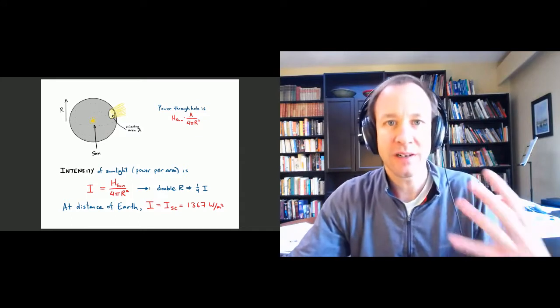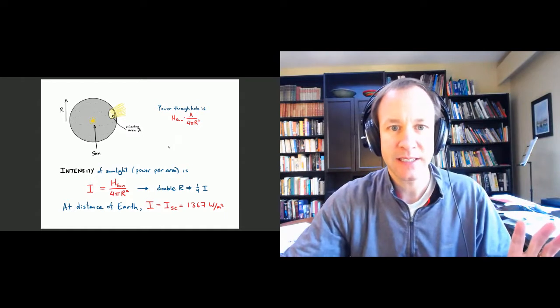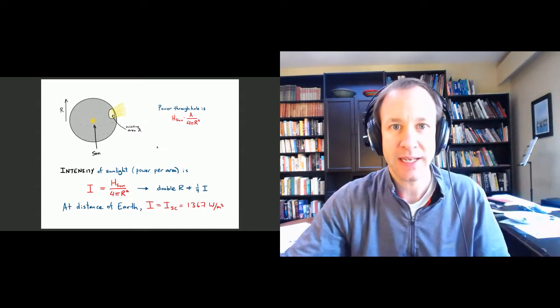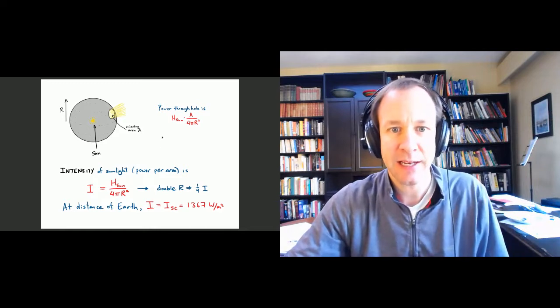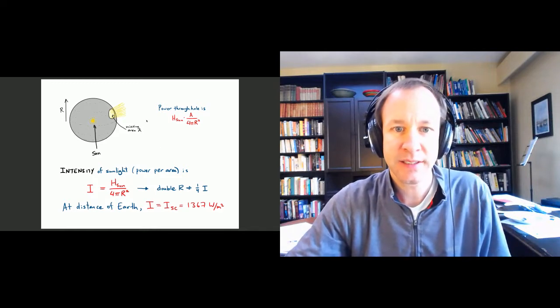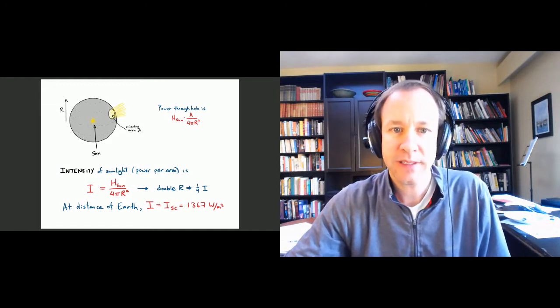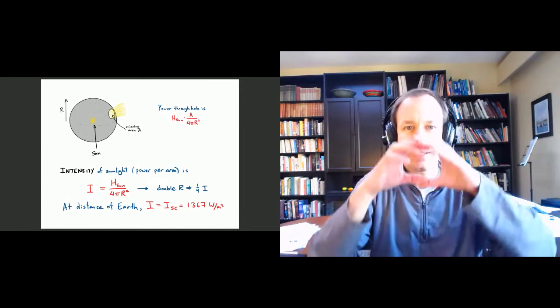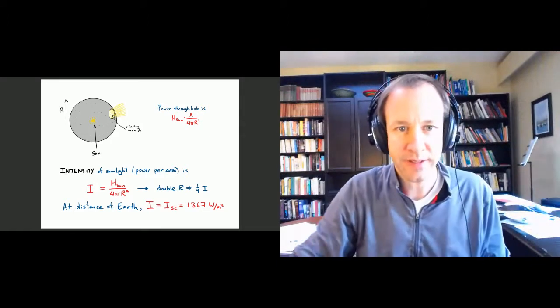Let me give you an extra explanation, basically the same idea but expressed in a different way, in case it's helpful to you. This was the explanation from the class last time. If we want to think about this power per unit area, I could imagine first that there's a certain area, and I think about that area as a certain fraction of the entire sphere at a distance r from the sun.